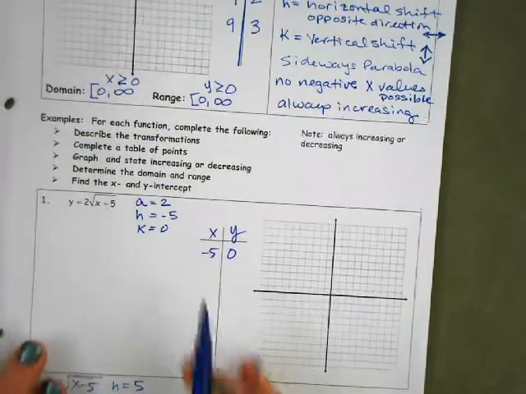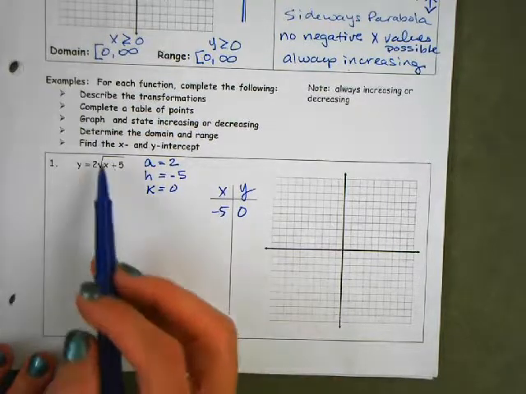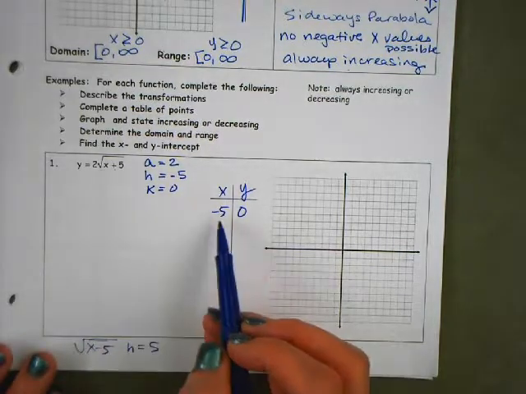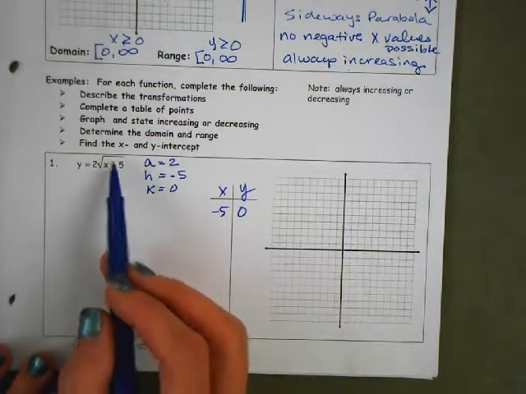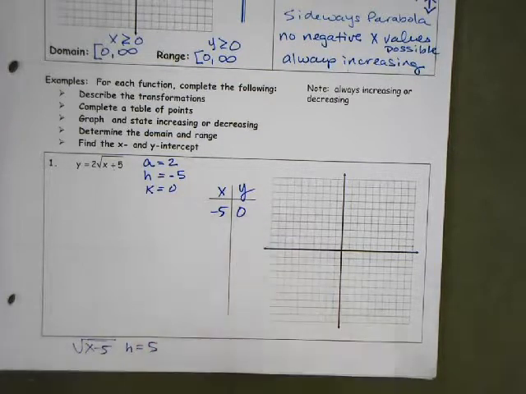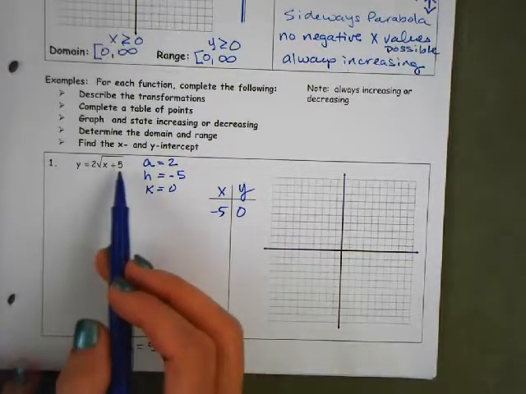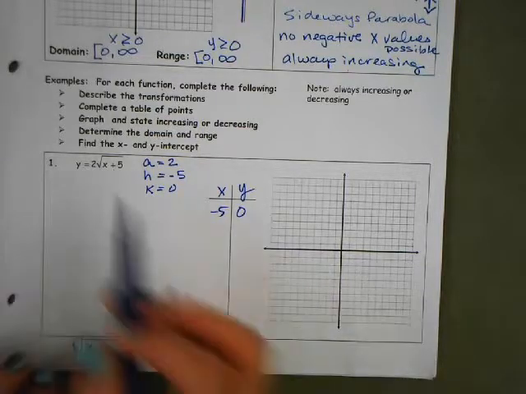Alright, so when I want to graph this, I'm going to ask myself what would be a good square root. So if I do -5, well, -5 plus 5 is 0. The square root of 0 is 0. 0 times 2 is 0. Okay? So let's find a number that would be good. What are some good numbers to take square roots of? 2, no, 2 is not good. 1, 4, 9, 16, whatever.